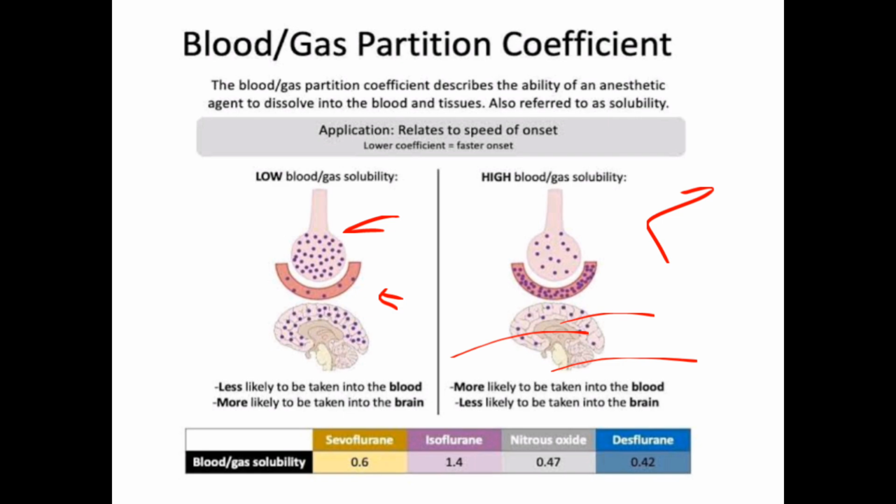While for high blood gas solubility, they are absorbed faster into the blood, so an equilibrium takes a longer period of time to form. Because of that, the rate of induction is slower and the rate of recovery is slower too.